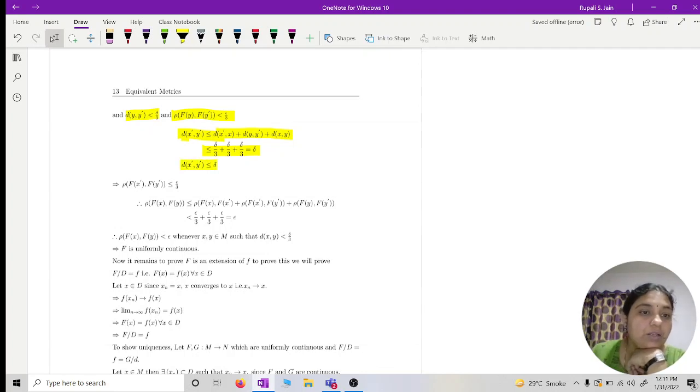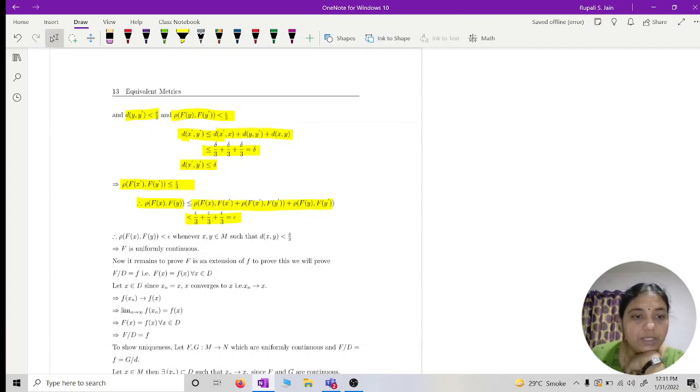So this implies rho of f(x'), f(y') is also less than or equal to epsilon by 3. Therefore rho of F(x), F(y) is less than or equal to rho of f(x), f(x'), plus rho of f(x'), f(y'), plus rho of f(y), f(y'), which gives us less than epsilon.